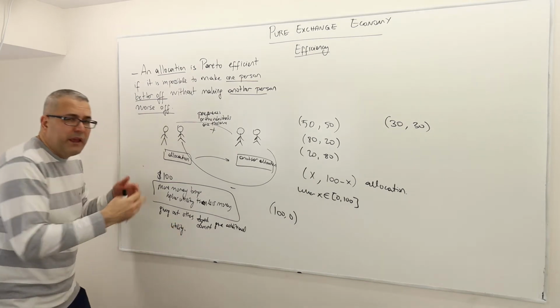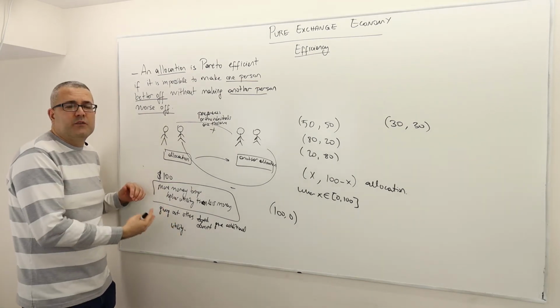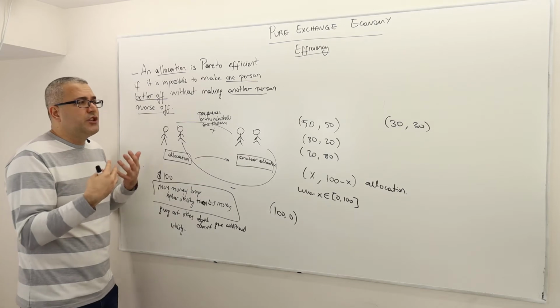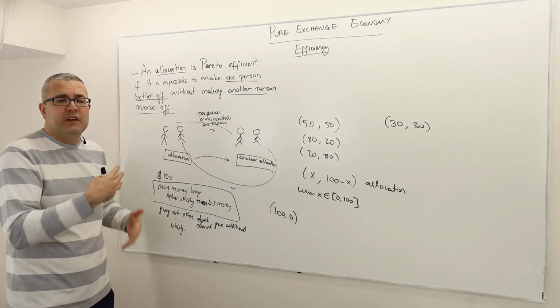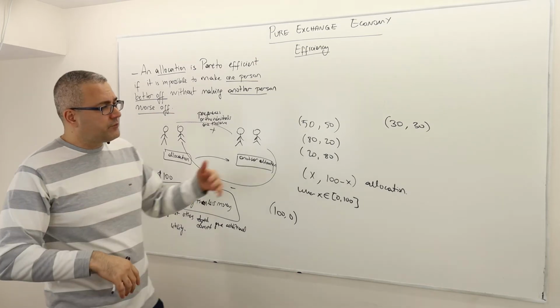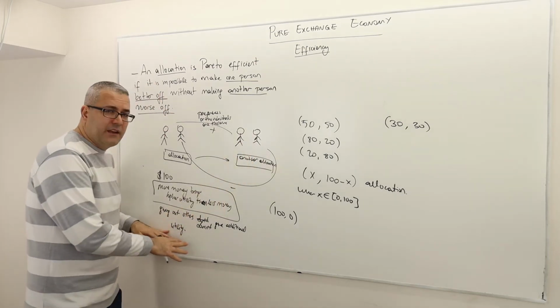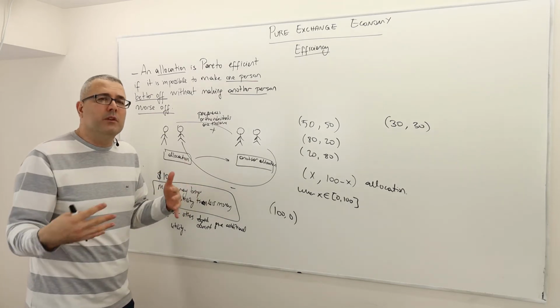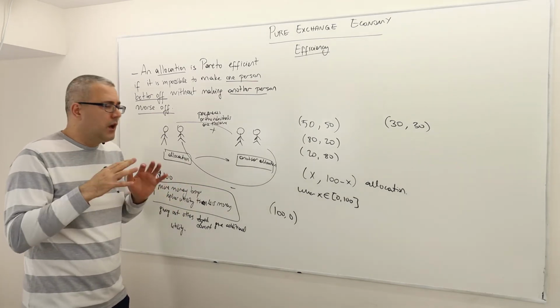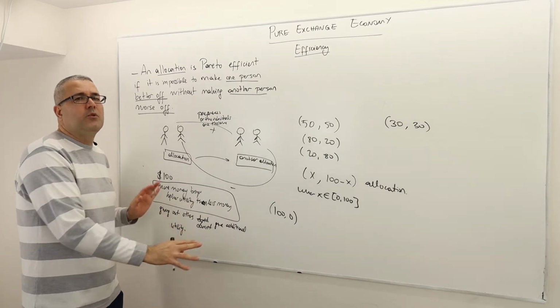I need to know these guys' preferences so that I can judge whether this division of $100 is efficient or not. For many people, giving money to other people could actually bring some joy. But for simplicity, let's suppose it doesn't.